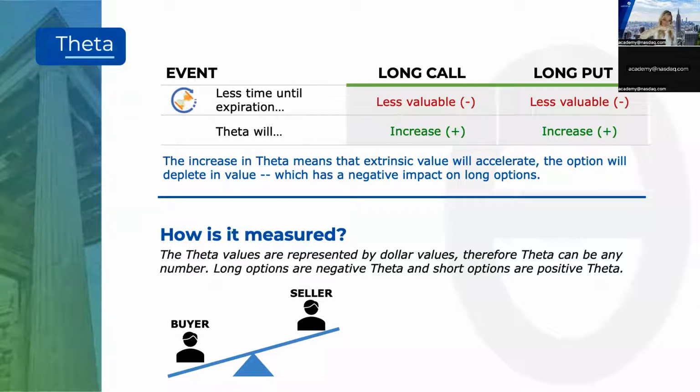And that's for an at the money option, which means that at some point this is going to rapidly increase because it's going to immediately go away as we get towards expiration. So there is a negative impact on those long options that we just have to be cognizant of. And that extrinsic value is going to accelerate.